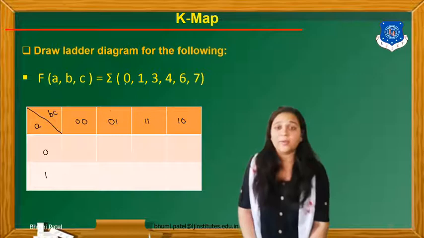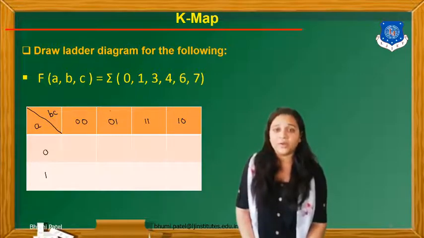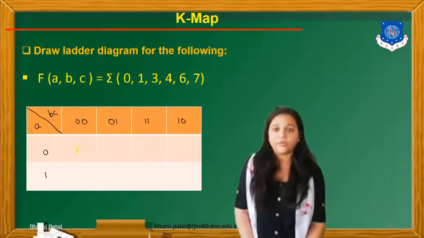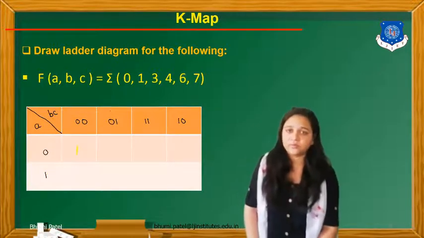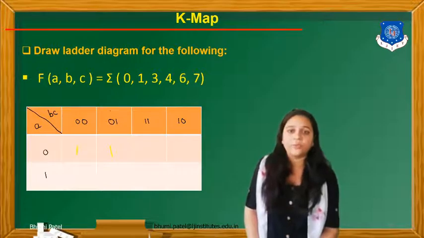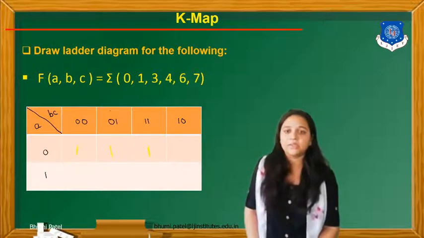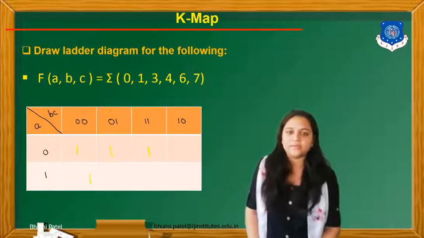So here for the 0 we can put 1. Now the next one is for the 1. So this is my 1. Then 2 and 3. This is my 4 and 5. Then 6 and 7. Clear?